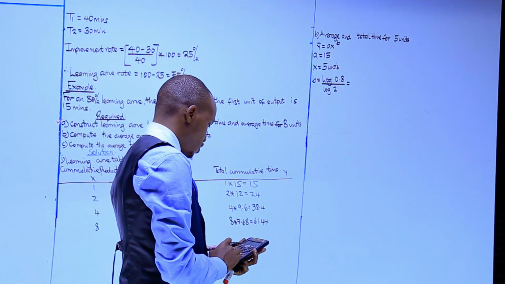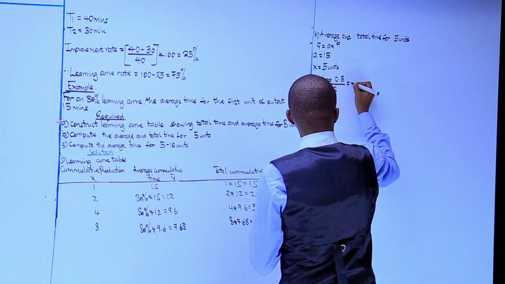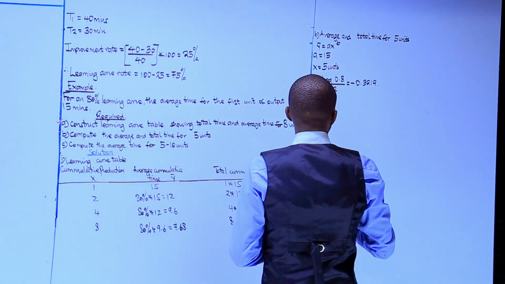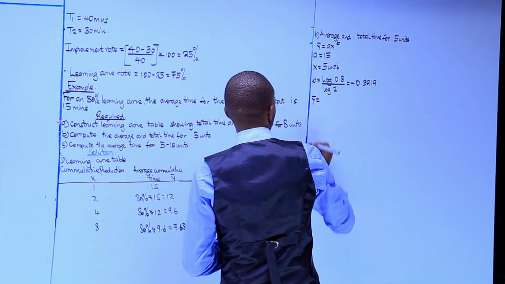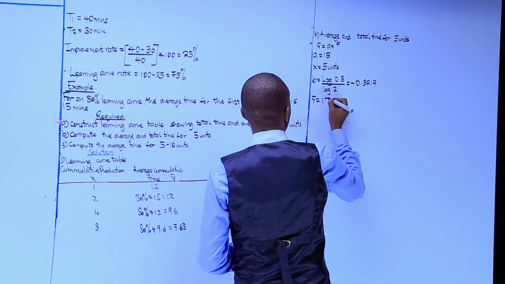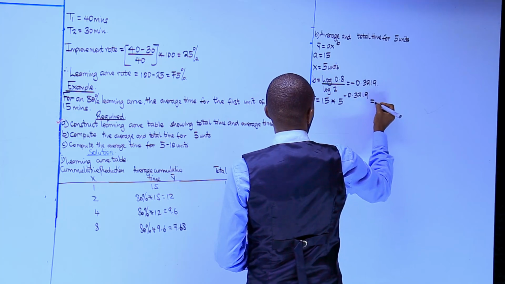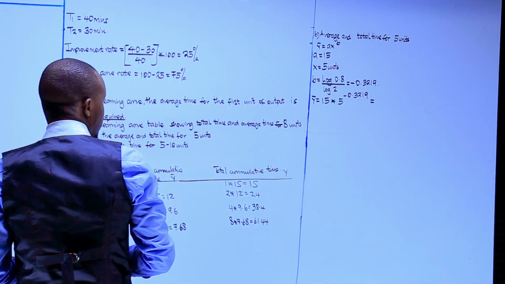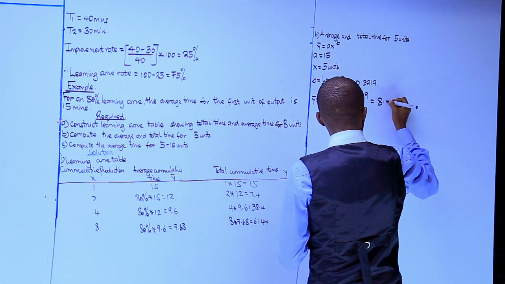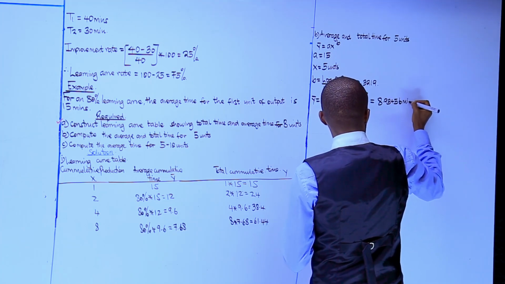So the average time of the first 5 units will be 15 times 5 to the power negative 0.3219. So this should take 8.9345 minutes on average.